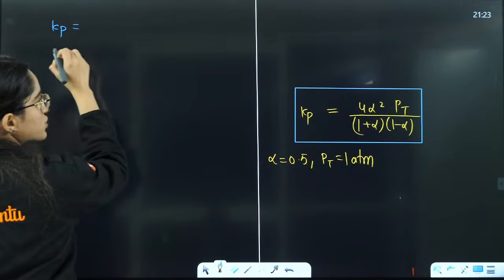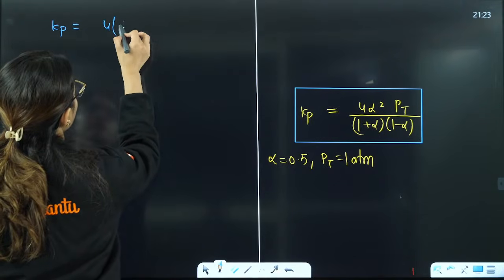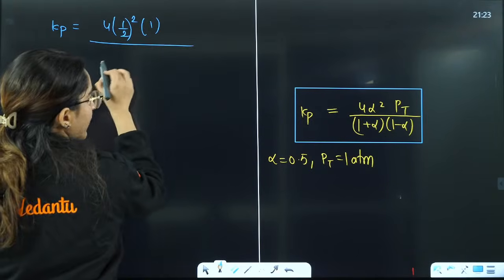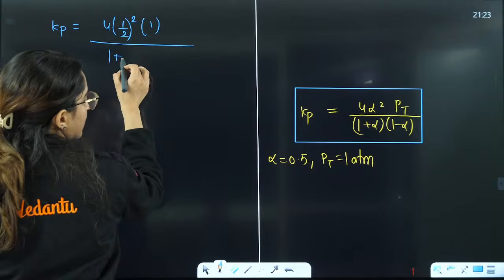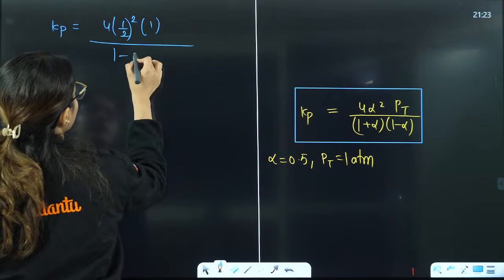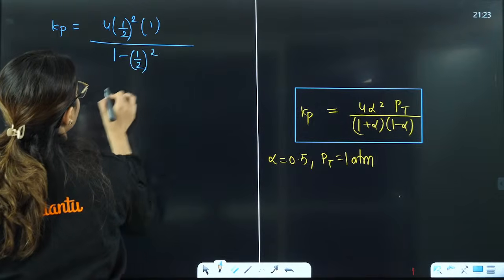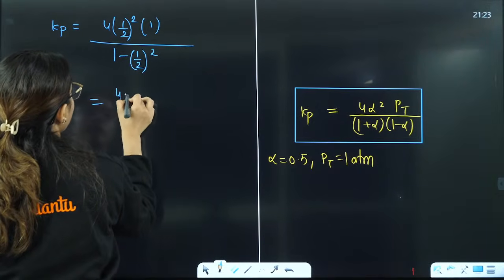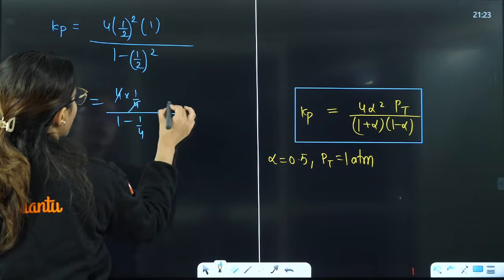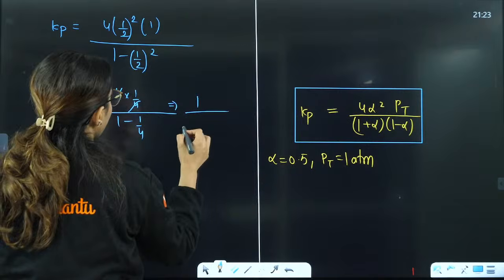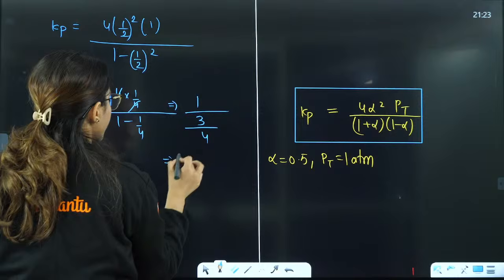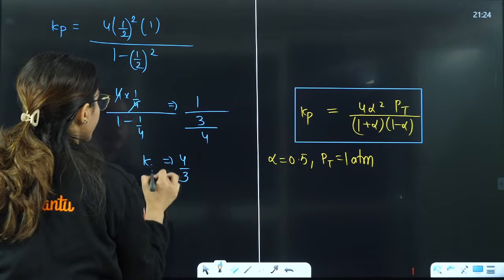Kp is equals to 4 into 1 by 2 whole square, Pt is 1, divided by 1 minus 1 by 2 whole square. So this will be 4 into 1 by 4, that will cancel out. This will be 1 by 4, and this is 4 by 3. That is the value of Kp.